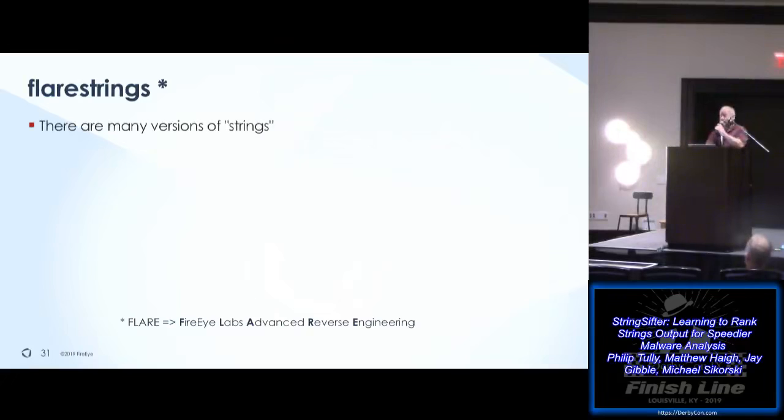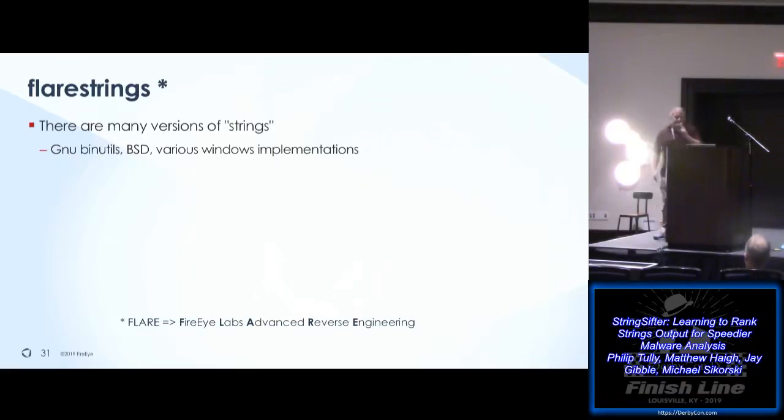So there are many versions of strings. Strings is a classic tool. It's been around forever, and because of that, there are many different versions of it. GNU, if you're a Linux user, you're accustomed to the binutils version of strings. If you run on Mac, you have some fork of the BSD version of strings. If you're on Windows, heaven knows what you're running, but there are lots of different versions of that. So they all have their own set of features.